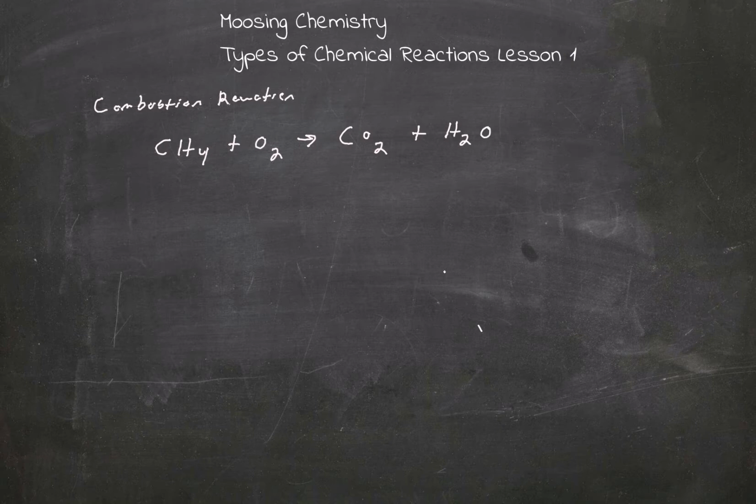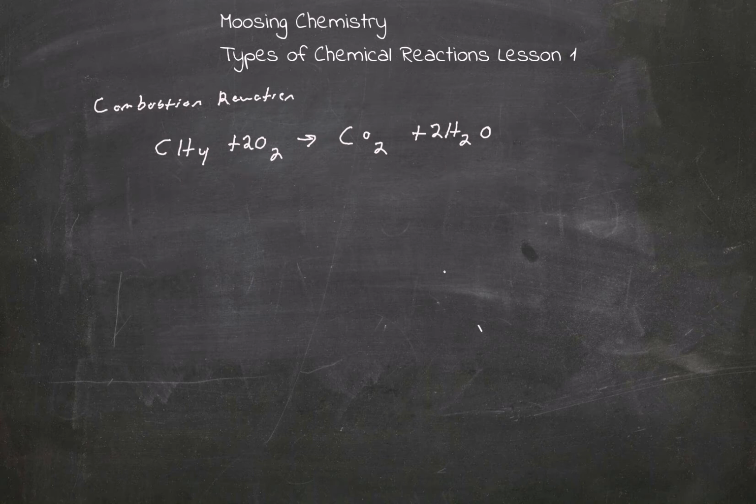So now we need to balance this. To balance this, we'll need to put a 2 in front of here. That will give us 4 hydrogens and 4 oxygen, so we need to put a 2 in front of there. And this equation is balanced. Please note that you use a hydrocarbon plus oxygen, and we get carbon dioxide and water vapor in a combustion reaction.